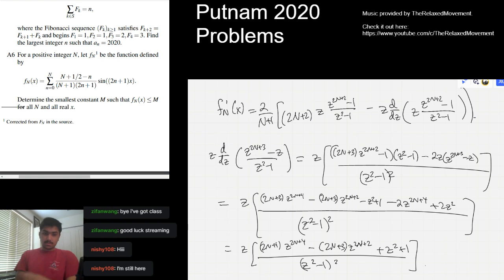Thankfully, z squared minus 1 is a factor on the top, because if you plug in z squared equals 1, you get 2n plus 1 minus 2n plus 3. Yeah, so z squared minus 1 is a factor on the top. But exactly what the factor is, how would you compute that? It's not very clear. Well, obviously z squared minus 1 is a factor on the top. What am I even talking about? It's obviously a polynomial. We don't want to factor that.